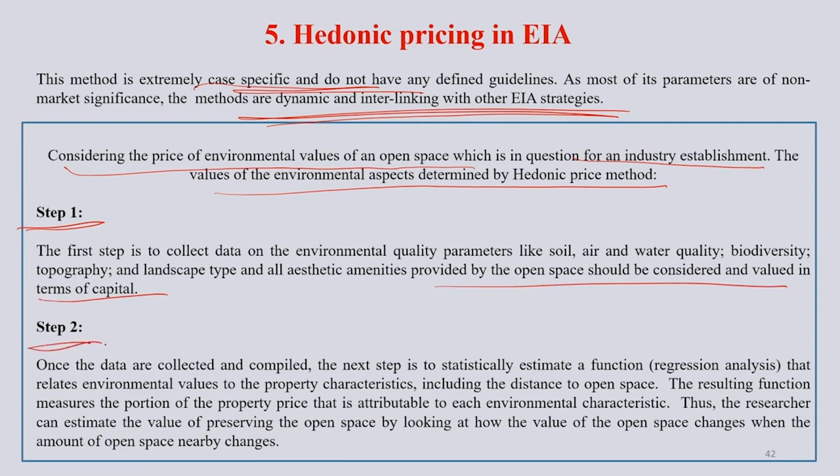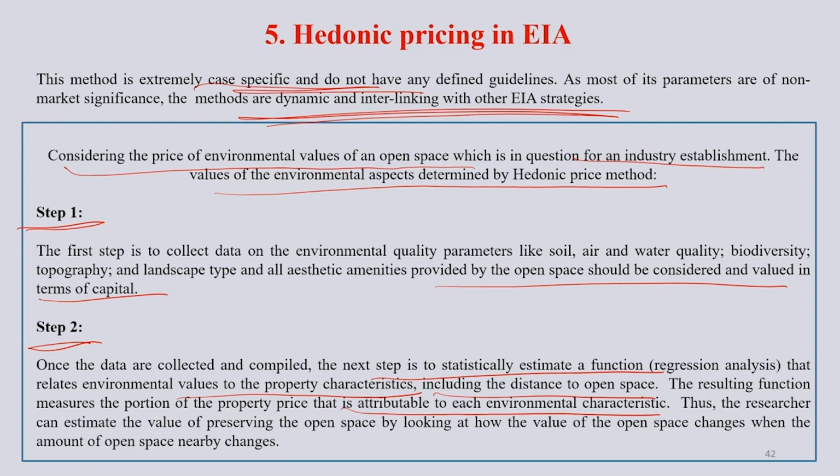Step 2, once you have collected and compiled the data, the next step is to statistically estimate a function that relates environmental values to the property characteristics, including the distance to open space. And the resulting function will measure the portion of the property price that is attributable to each environmental characteristic.